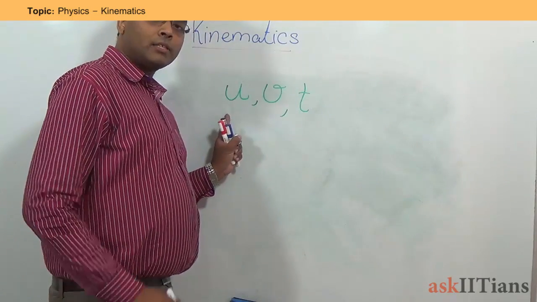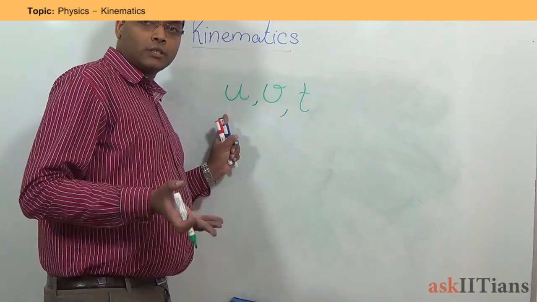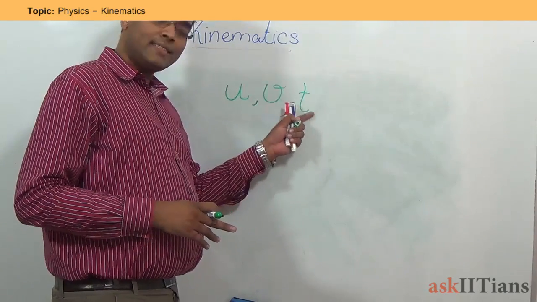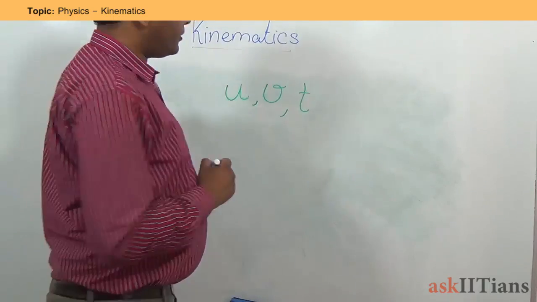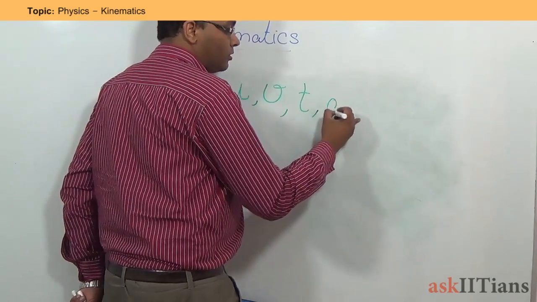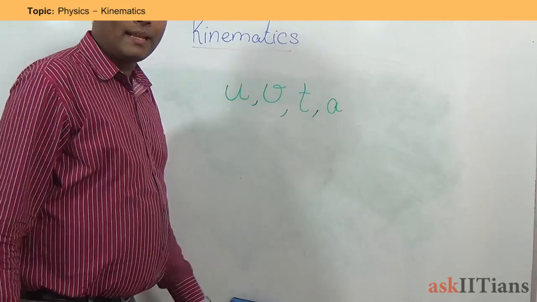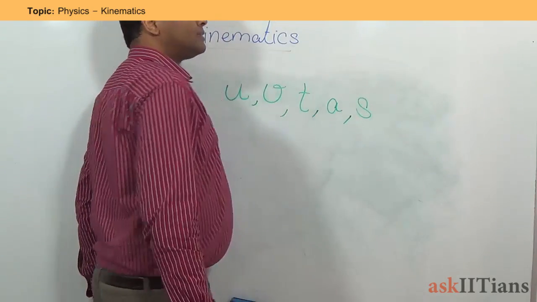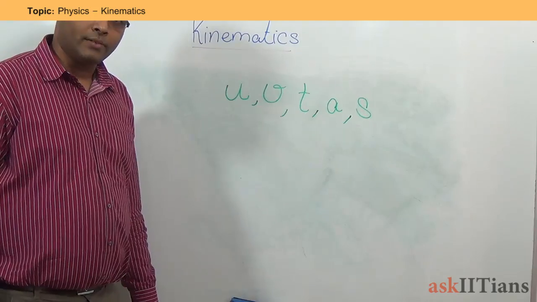The initial velocity with which the particle has started is a constant, it cannot be changed. The final velocity is going to be dependent on the time, and t is the time taken. Since there is a change in velocity with time, there is also going to be an acceleration a, and finally there is going to be some value of displacement produced as well.